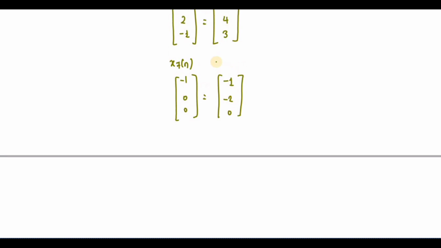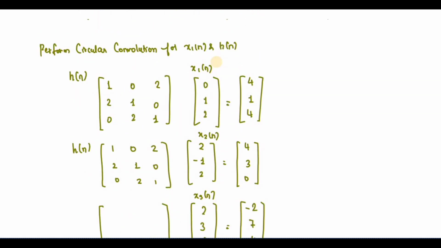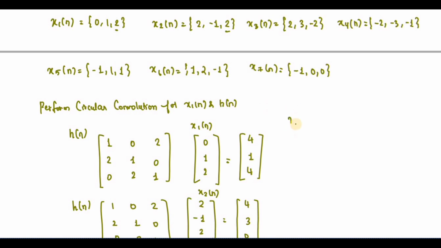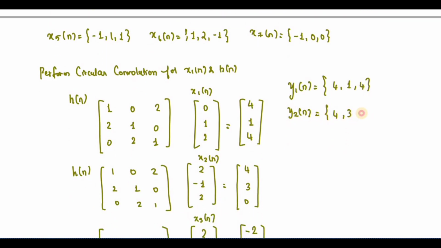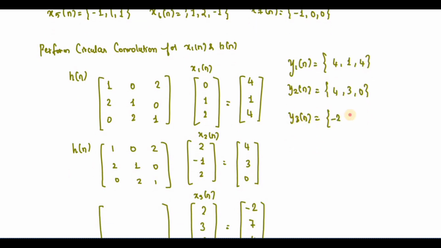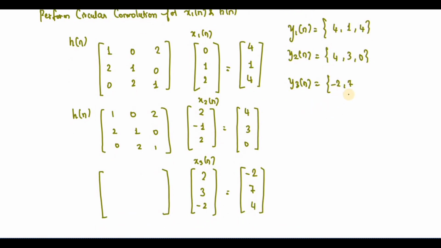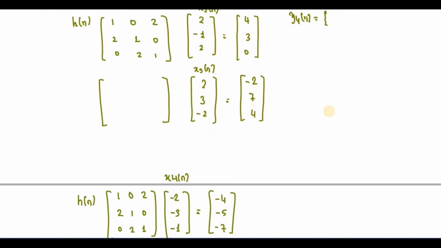So, let me write y of n like this. What is your y1 of n? y1 of n is nothing but 4, 1, and 4. Okay. What is y2 of n? y2 of n is 4, 3, and 0. What is y3 of n? y3 of n is equal to minus 2, 7, then 4. What is y4 of n? y4 of n is equal to minus 4, minus 5, and minus 7.